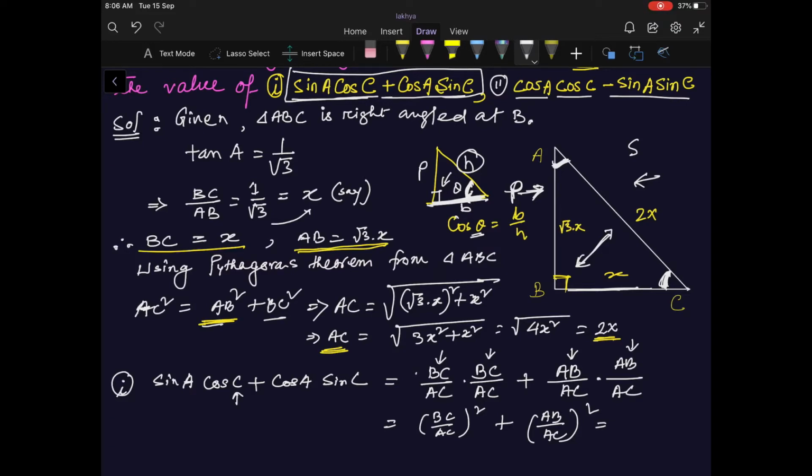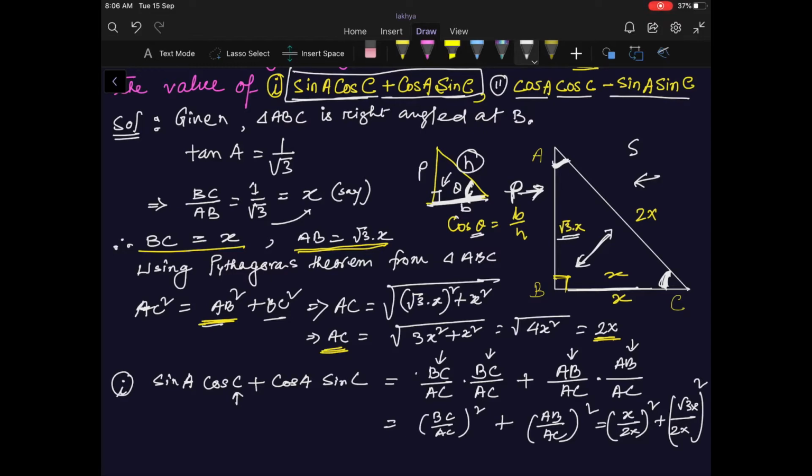We know that BC is x, length of BC is x. So let's put these values of BC, AC, AB. So x by AC, which is twice x, whole square, plus AB is root 3 into x, so root 3 x by twice x, whole square.